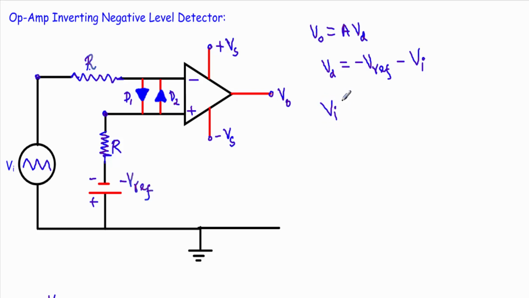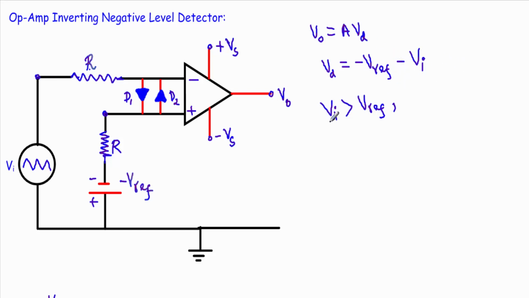Now consider two cases. First, when our input voltage VI is greater than our negative reference voltage VREF. This input voltage is greater than this negative reference voltage.